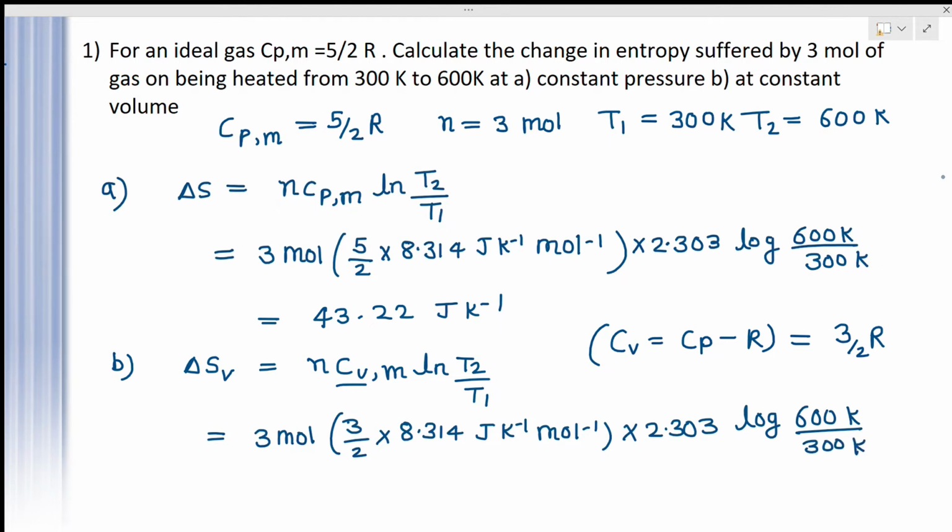When you solve it, you will get the answer 25.93 joule per Kelvin.